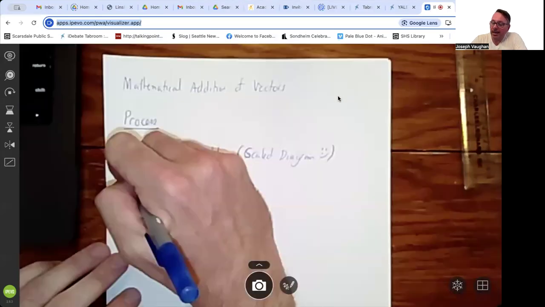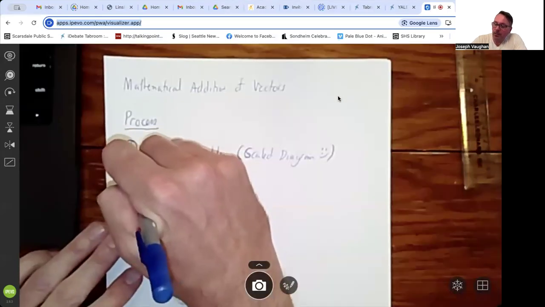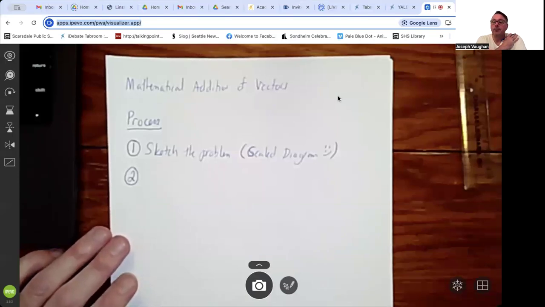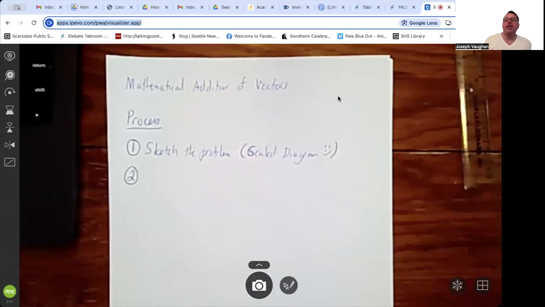Okay, so the next thing that we're going to do is understand that when we are adding vectors, there's a very specific process that we have to use. There are certain types of things that can add together effectively. For example, if I said to you, what do you get if you have 3 apples and 4 apples? Well, you'd very clearly say, I have 7 apples.